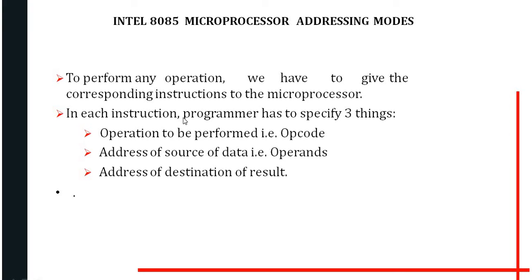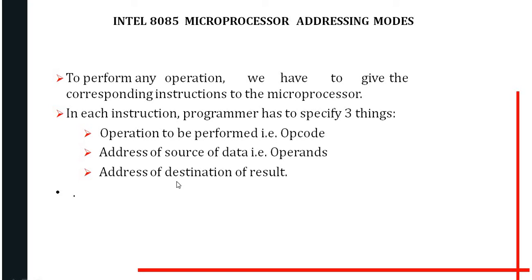In each instruction, the programmer has to specify three things. The first one is the operation to be performed, that is the opcode, for example addition, subtraction, move, jump. Next is the address of the source of the data, where we are getting the data, either from registers, input or memory, that is the operands.